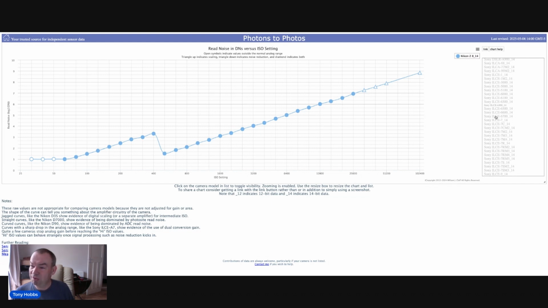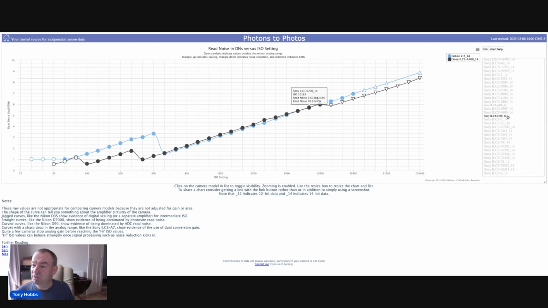Then the 6700. This is kind of interesting because the noise on the DX mark is actually different to these figures here. But anyway, the 6700, which I still have, this is the 6700 here. I just like my Nikons. I must admit, I'm a bit of a Nikon fanboy, and I can't quite get to love that Sony.